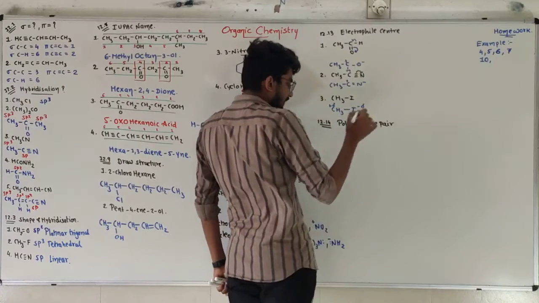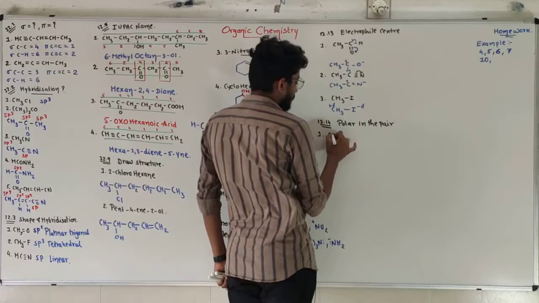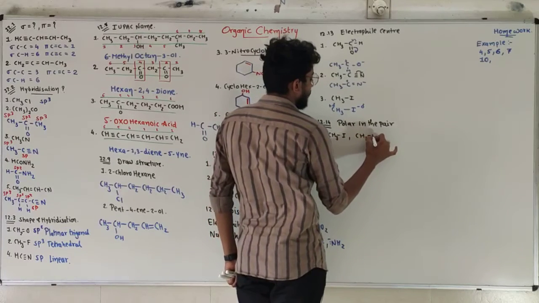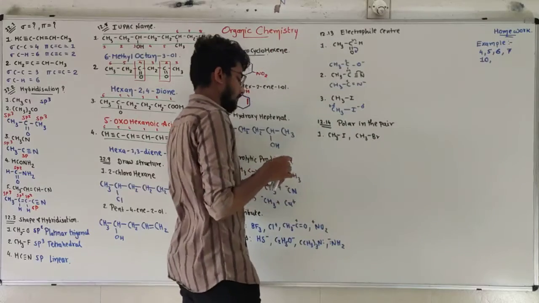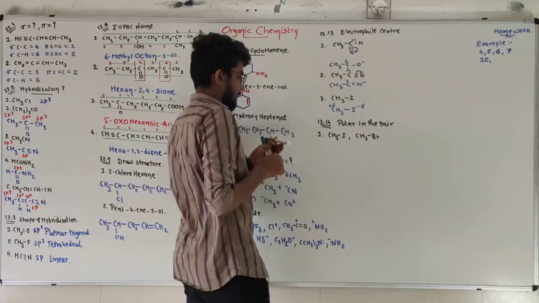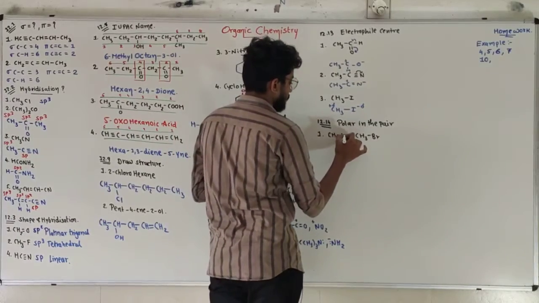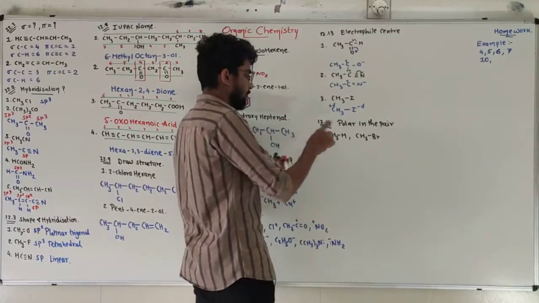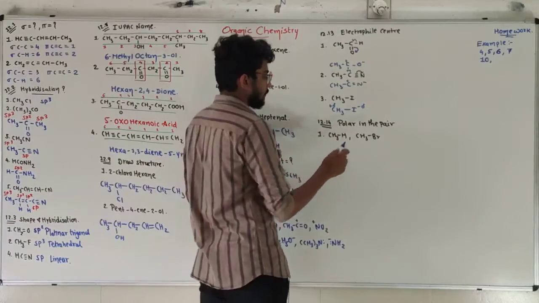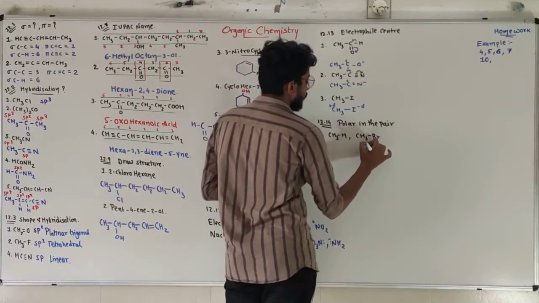I am simply going to write it. The first pair is CH3H and CH3Br. In this pair bromine is more electronegative than hydrogen, so this bond will be more polar.